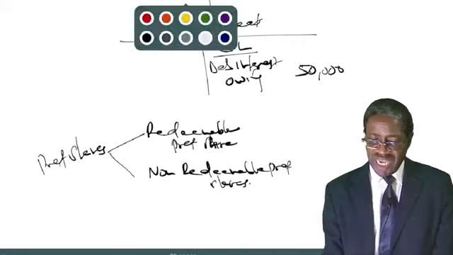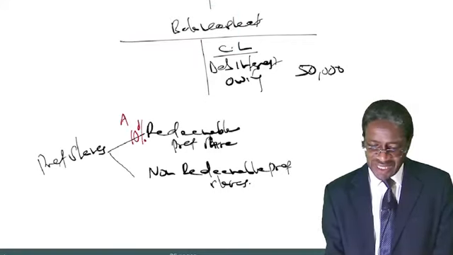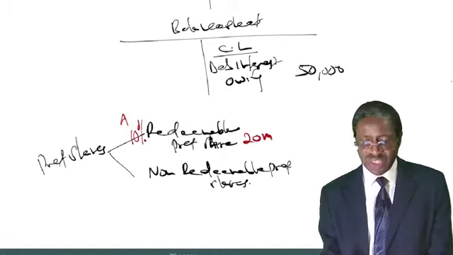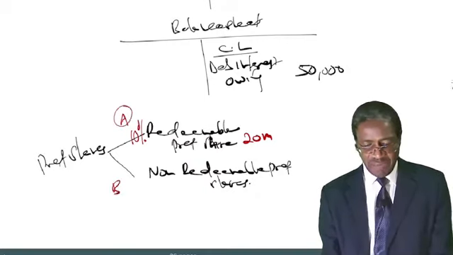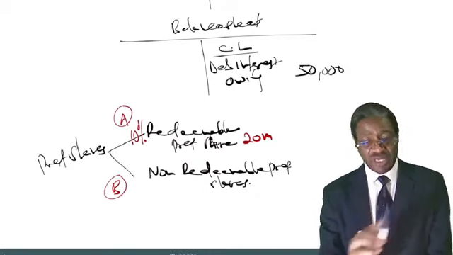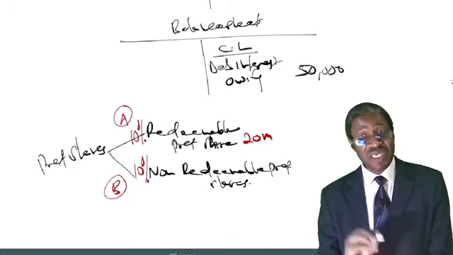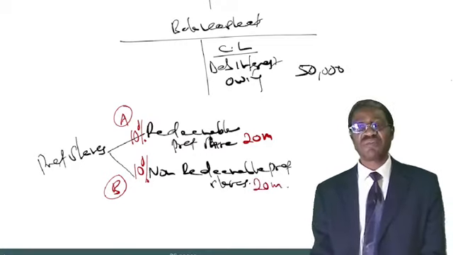Company A issued a 10% redeemable preference shares amounting to 20 million. Company B, to raise the same 20 million, decided to issue a 10% non-redeemable preference shares worth 20 million.